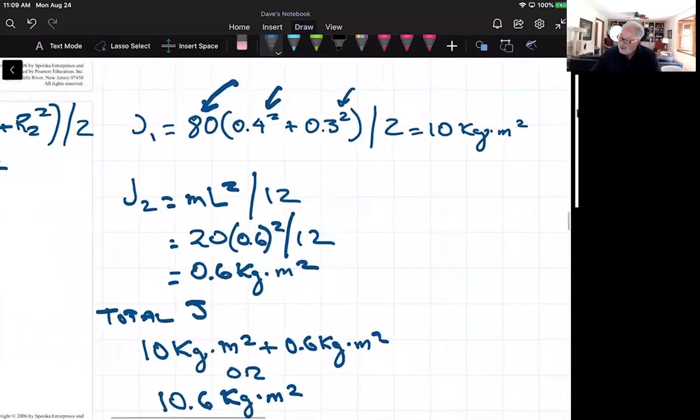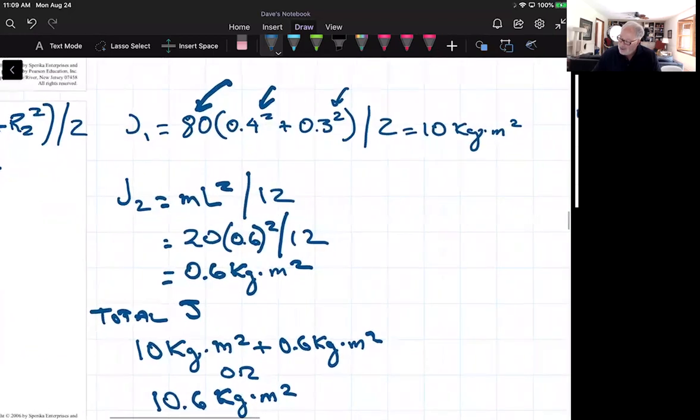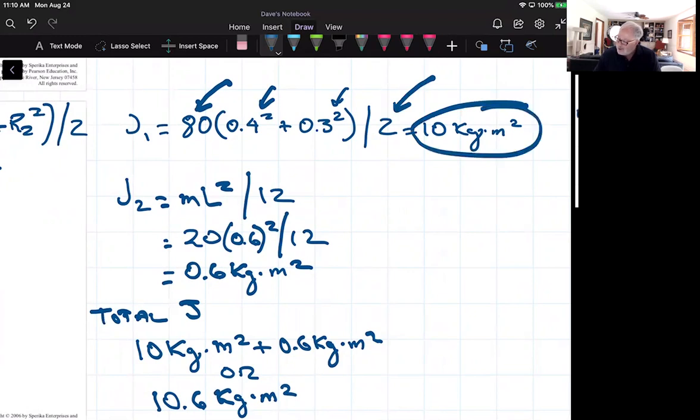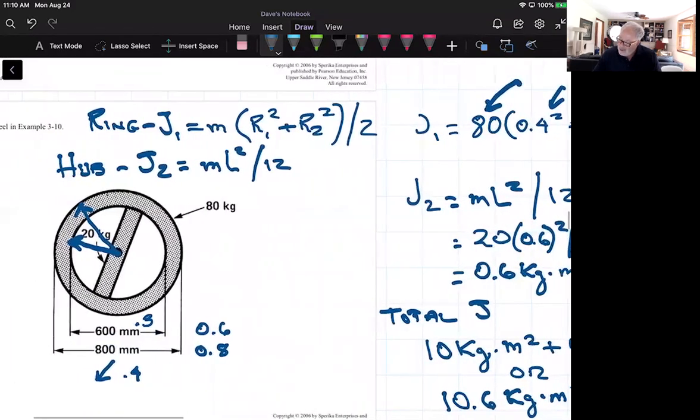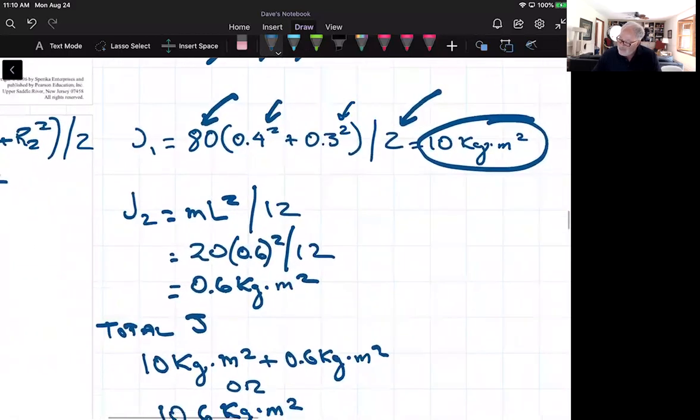We plug in, making sure we're careful with our calculator, and for the annular ring I come up with a moment of inertia of 10 kilogram meters squared. I go through the process for the rectangular hub, this portion of our figure, and there's our equation for that.